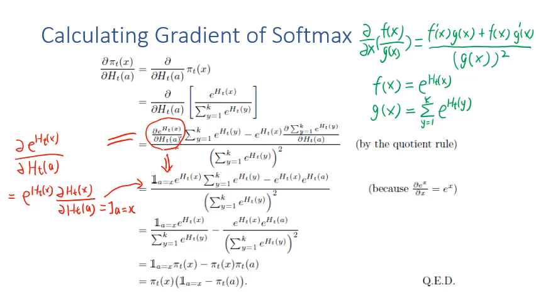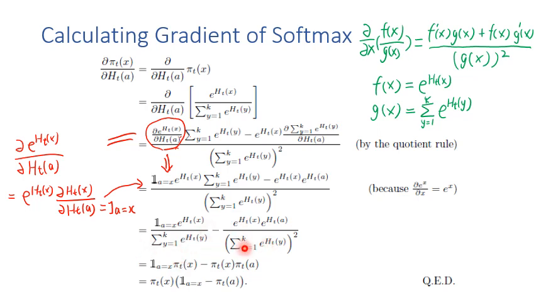We can separate those two terms into two independent quotients, and this is actually our original action probability function, right?